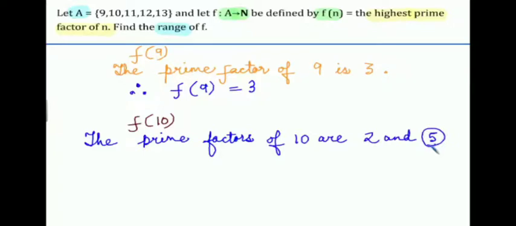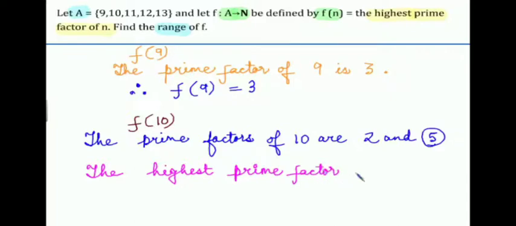So the highest prime factor of 10 is 5. So f of 10 is equal to 5.